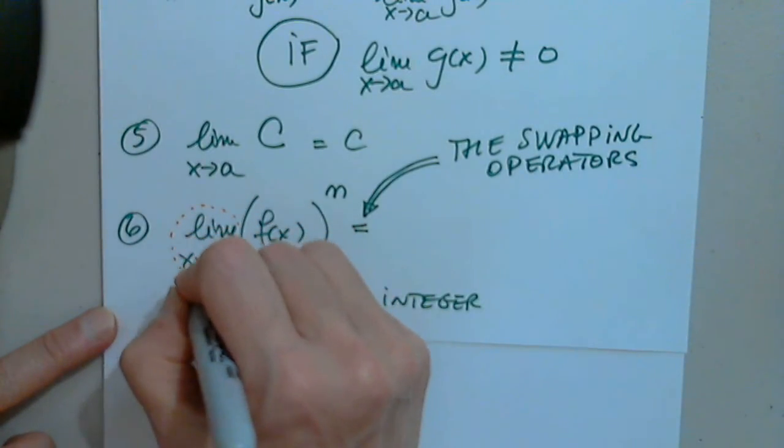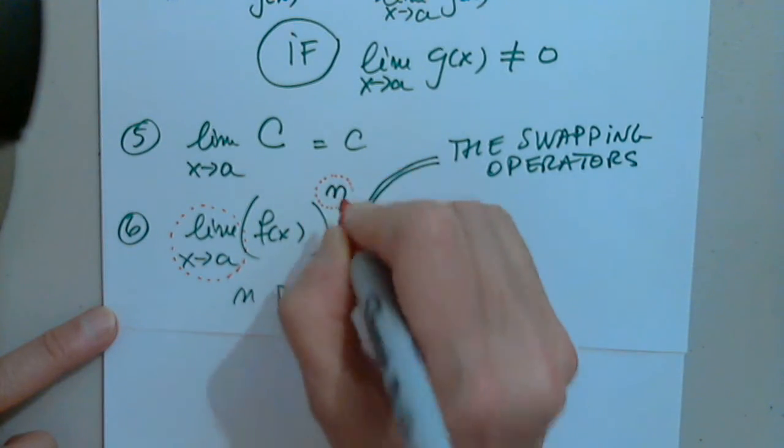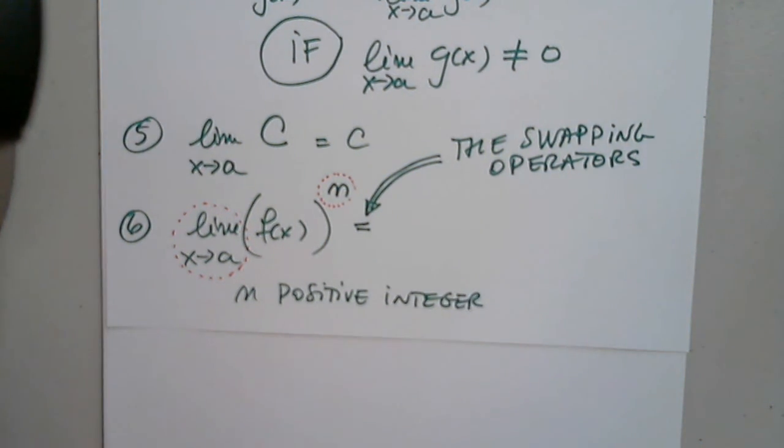And this is the other one, something applied to a function. I'm going to swap them. Which one is in and which one is out right now? Which one is the inner and which one is the outer operator?